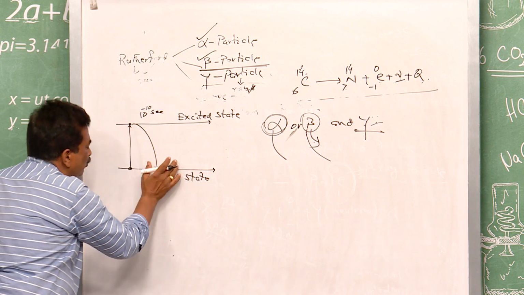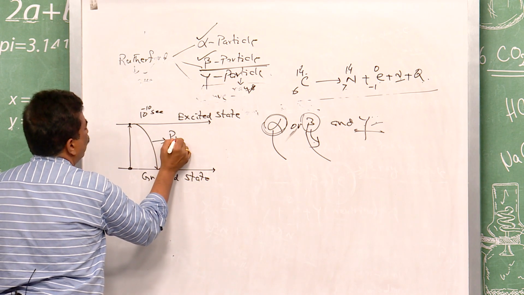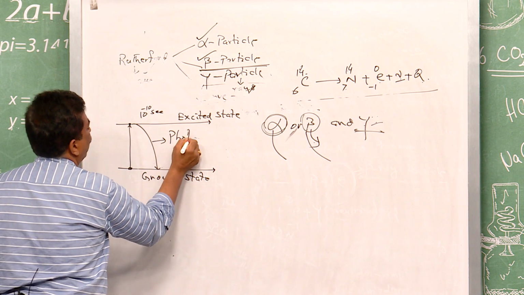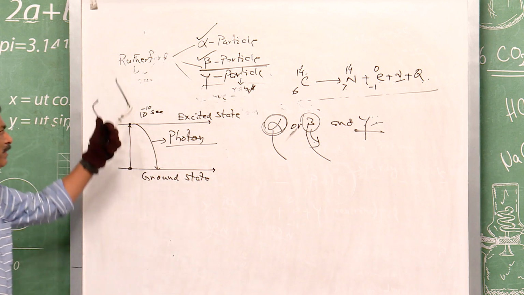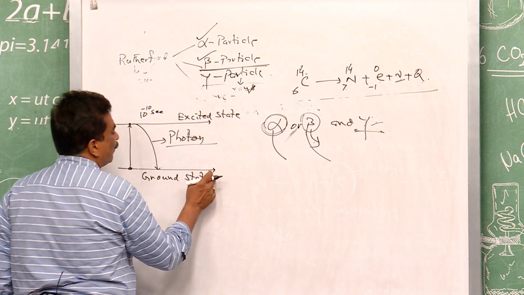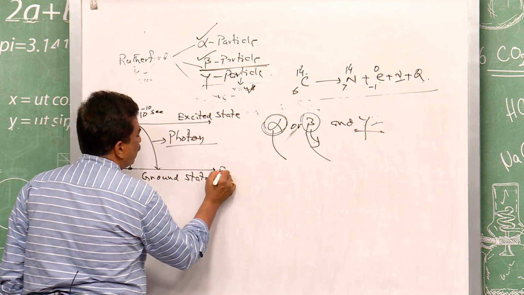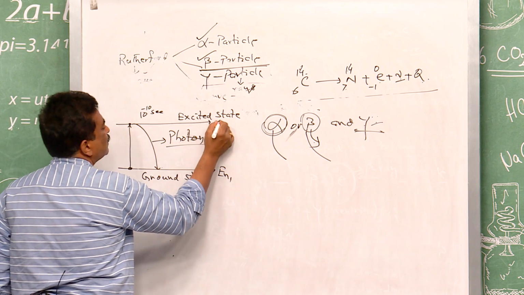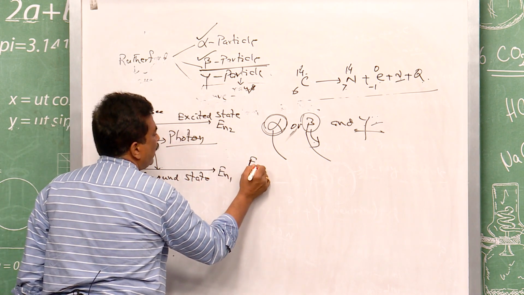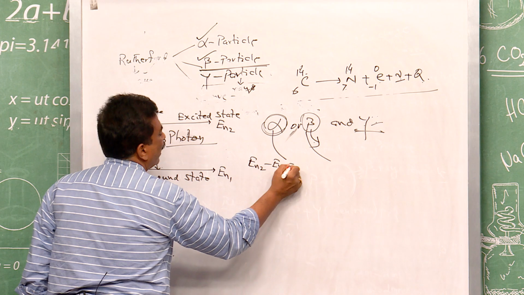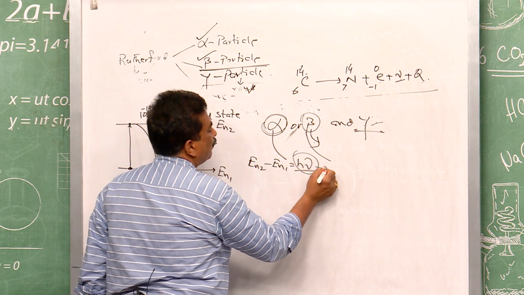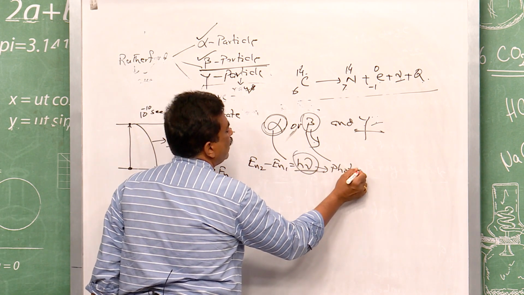When it returns to the ground state, the energy through which it comes is known as the photon, meaning the gamma rays come in the form of photons. How? Suppose the ground state energy is En1 and the excited energy is En2. The change in energy, En2 minus En1, is equal to h nu, and this h nu is the photon energy.